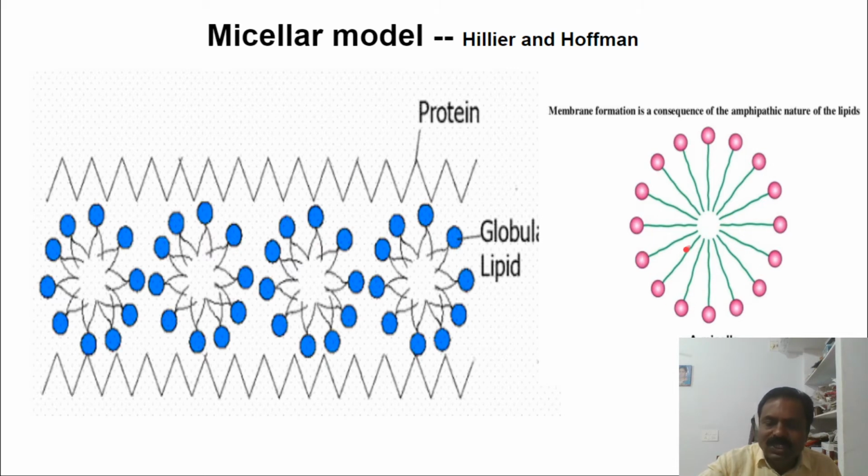With the union of these micelle units, the plasma membrane is formed. In between the micelles, the pores are filled with water. That is explained by Hillier and Hoffman. So this is about the micellar model.